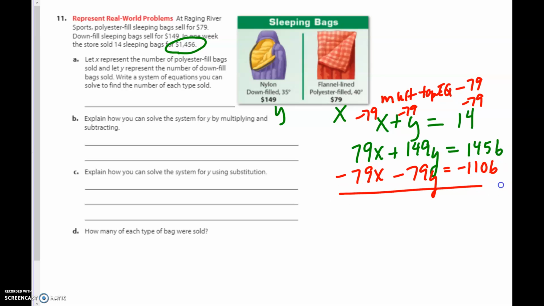The whole point of multiplying everything by negative 79 is so that my x's are going to cancel out, and 149 minus 79 is going to be a 70.